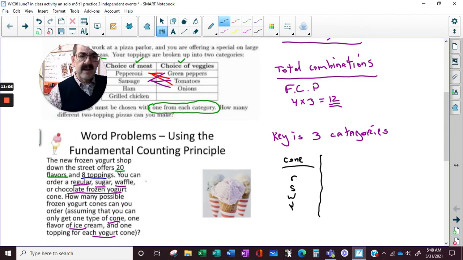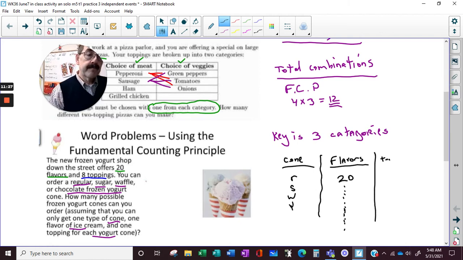Then we have flavors, and we have 20 of them. Then toppings, and there are 8 of them.